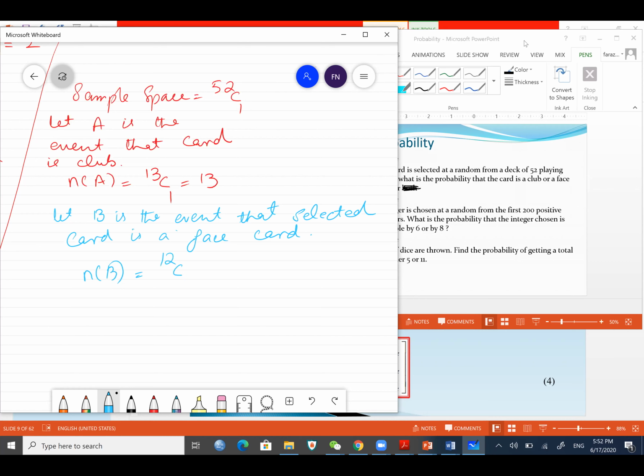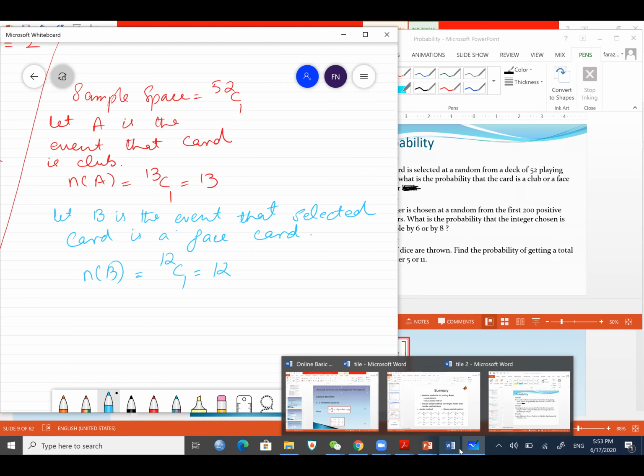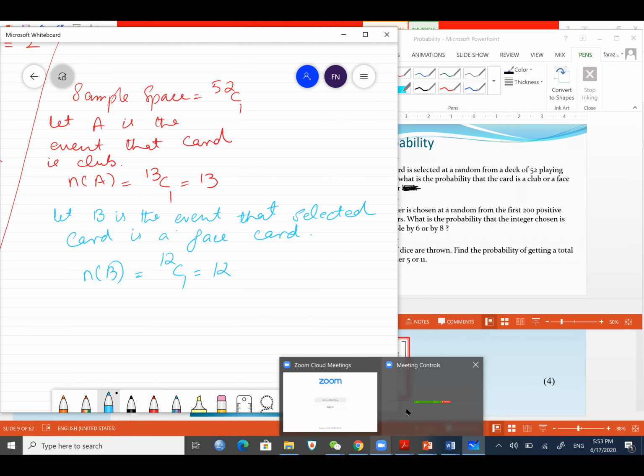There are 12 face cards, so it is 12C1. Now a club and a face card, are they mutually exclusive? No. Why not? Because there is a club on a face card, like a king. They can occur at the same time.